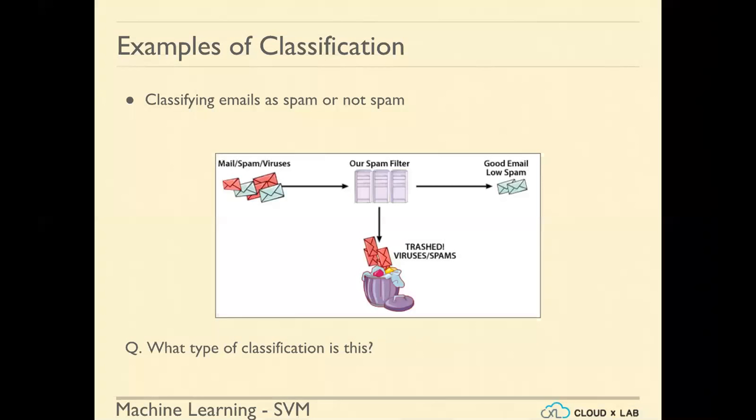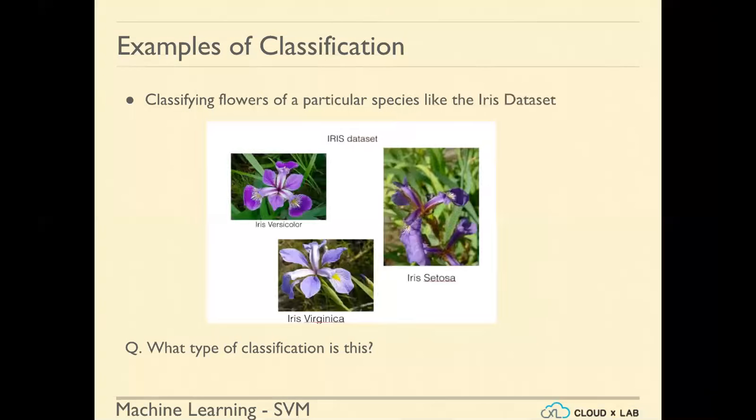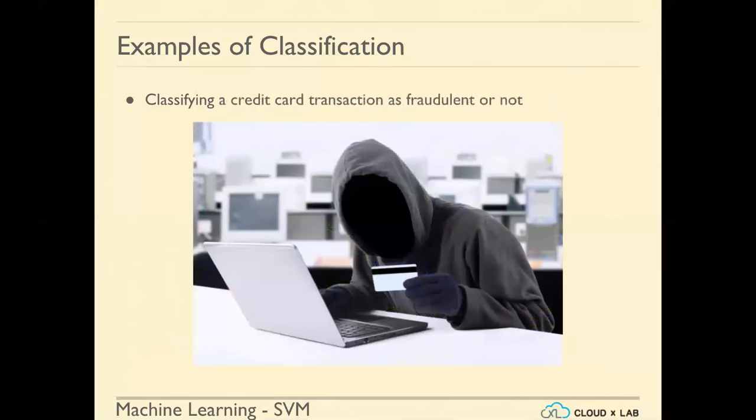A quick question to all: what type of classification is this, multi-class or binary? Correct, it's binary classification. Now the flower one, was it binary or multi-class? That's right, it was multi-class classification. Similarly, the credit card fraud, classifying a transaction as fraudulent or not, is binary.